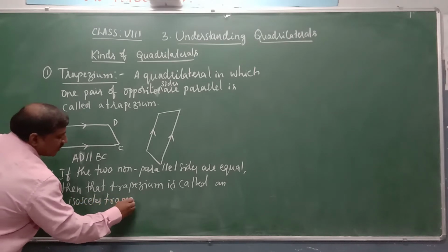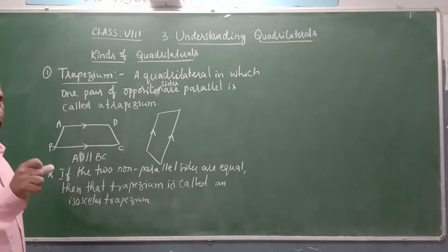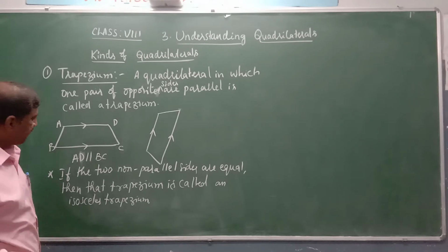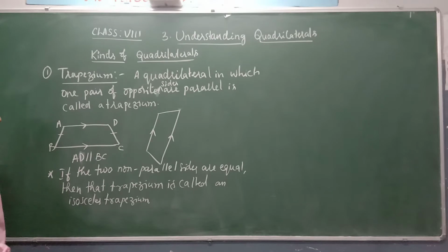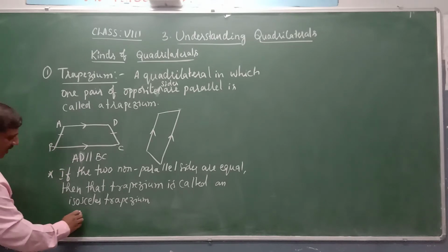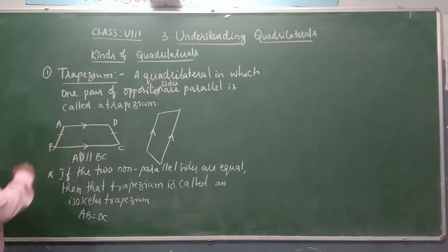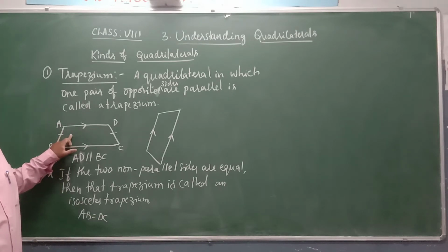For example, if AB is equal to DC, then we can call this trapezium an isosceles trapezium.